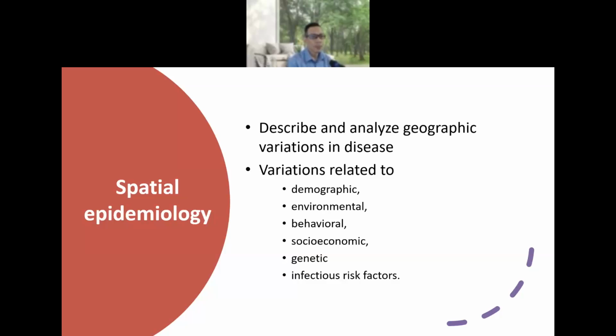So if we have information on the variations of disease based on locations, and we see that in Gua Musang there are many more malaria cases, what are the factors contributing to more malaria cases in Gua Musang? And using that information, we can devise policies and control and prevention programs.